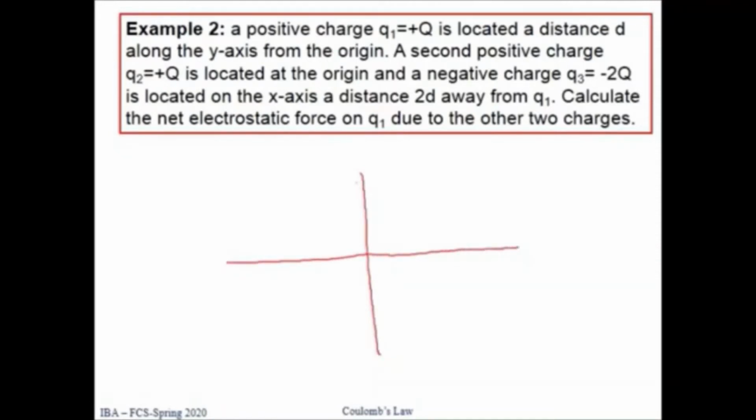The vertical axis on the top is defined as plus y. The vertical axis in the downward direction we define as minus y. The horizontal axis on the right side, let me define as the x-axis, and the horizontal axis on the left side, let me define as the minus x-axis.